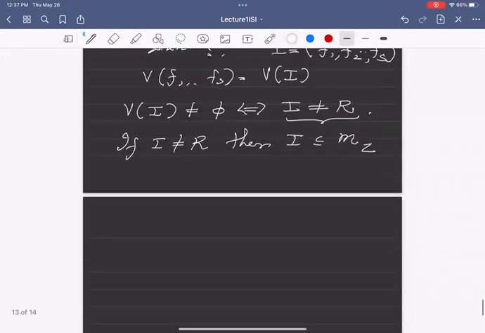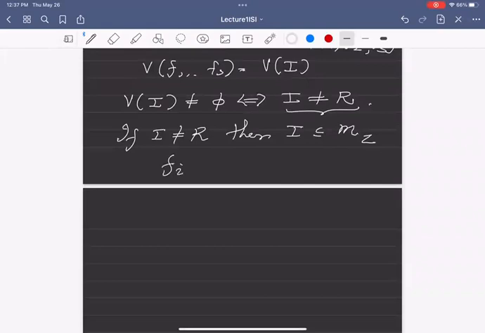So each polynomial fi belongs to m_z. But m_z is generated by x1 minus z1 up to xn minus zn.